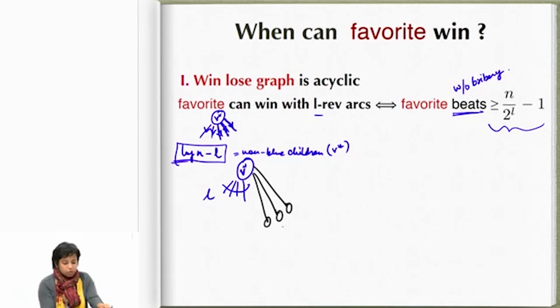Do you follow? So these are the children on whom the arcs have been reversed. They are all pointing downwards.